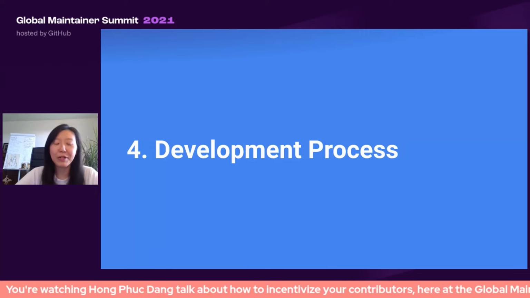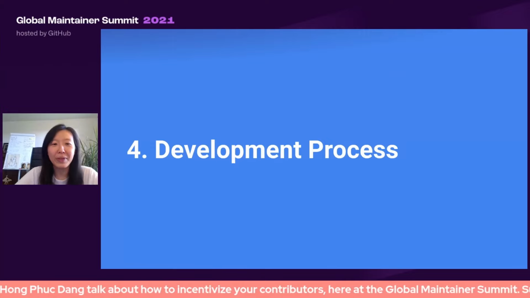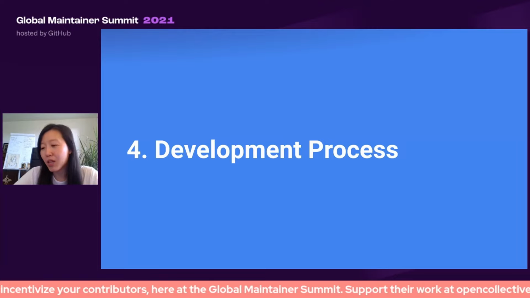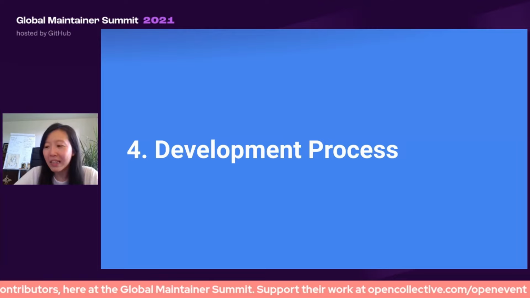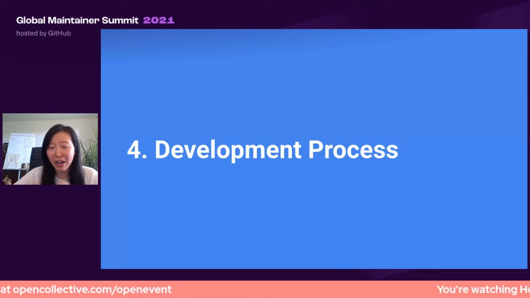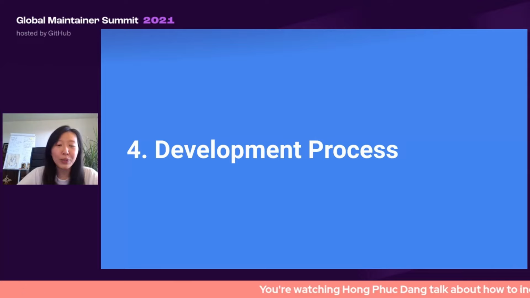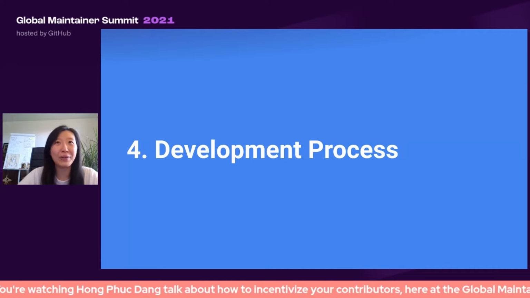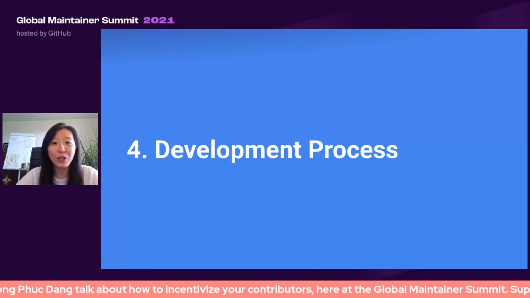The next thing that I want to talk about is the development process. The development process is really important. At FOSSASIA and the Open Event project, we try to adopt modern development processes, agile development or DevOps, as we want to provide an environment where our contributors can learn and can also adapt to the future workplace.